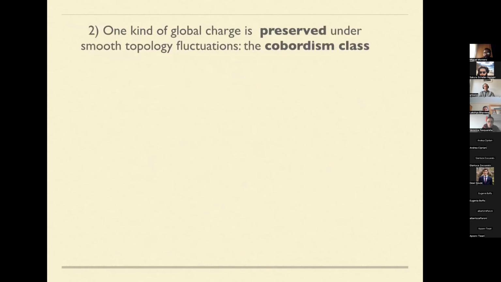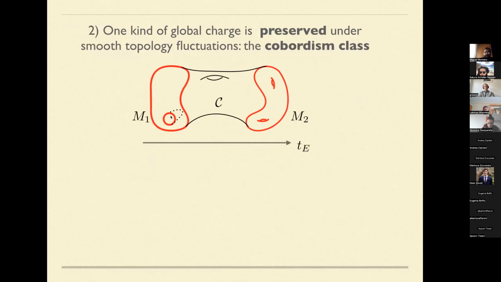So it could be that if this is my K3, there's something like a Euclidean instanton that changes its topology. Here I'm drawing something like a Euclidean process where one manifold, and this is Euclidean time, as you progress in Euclidean time, grows a handle and reattaches. By the time you're done, you get a very different topology, okay? You would expect these topology changing transitions exist in any theory of gravity.